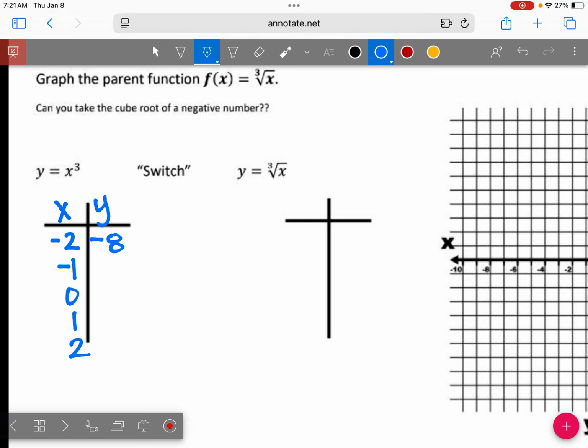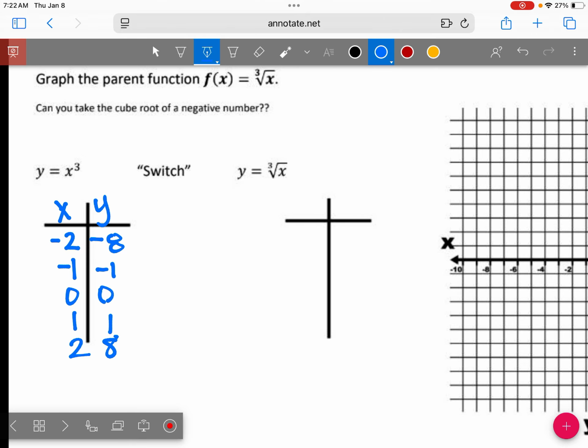-1 times -1 times -1, -1. 0 times 0 times 0, 0. 1 times 1 times 1, +1. 2 times 2 times 2, +8.